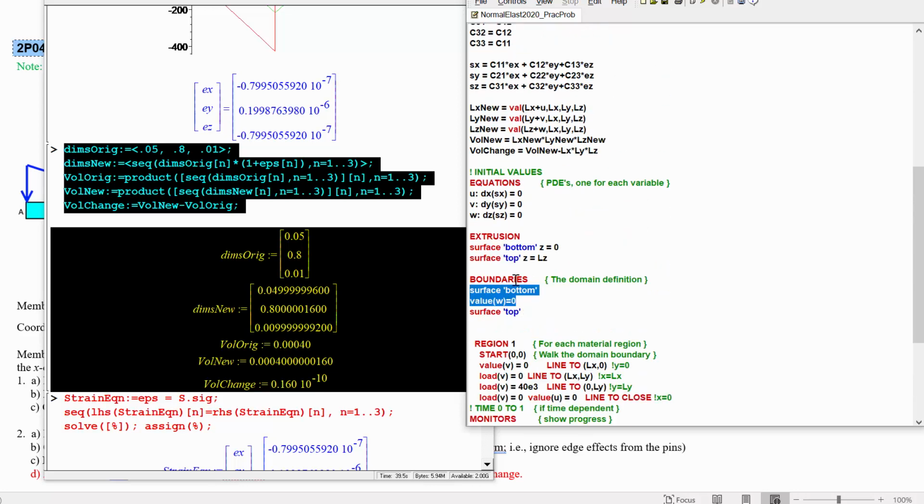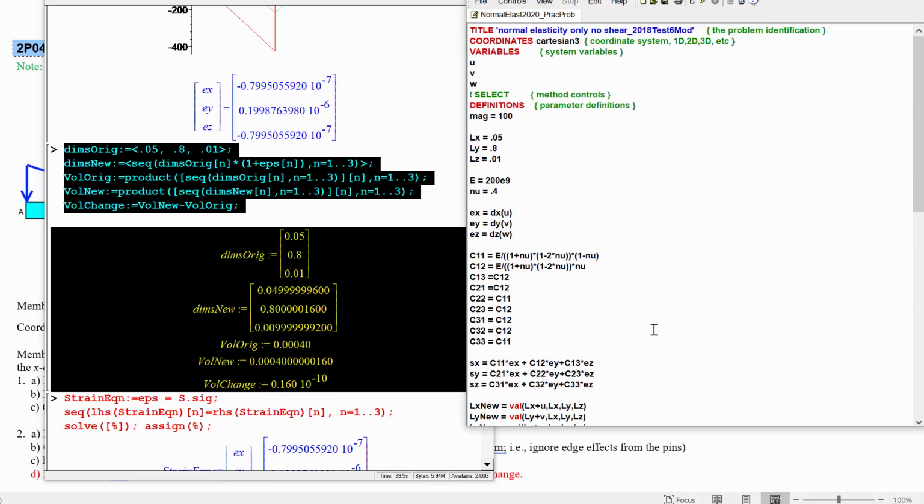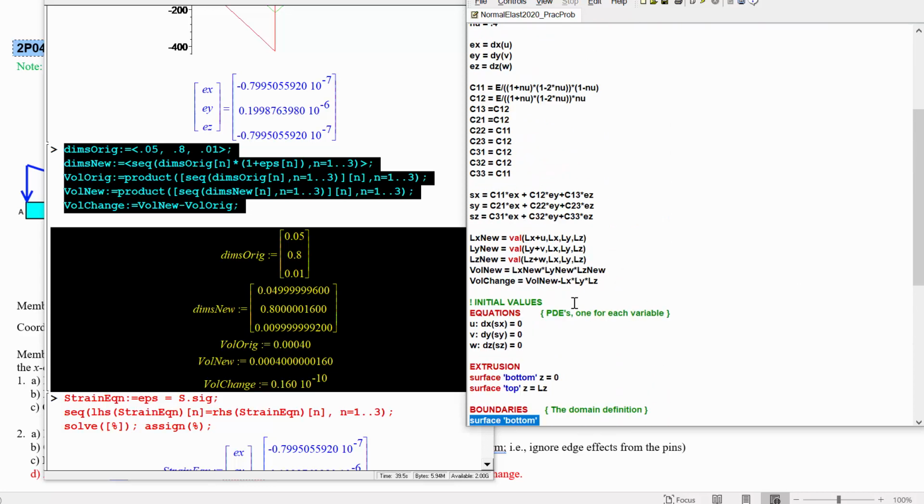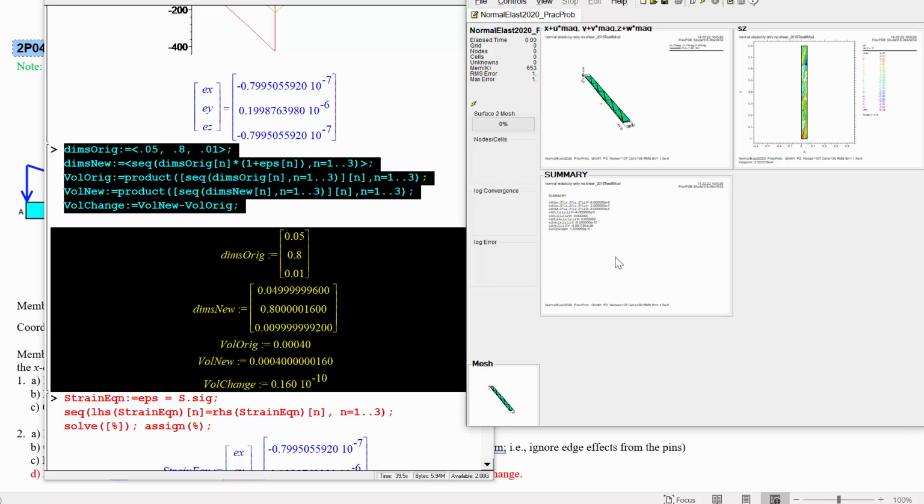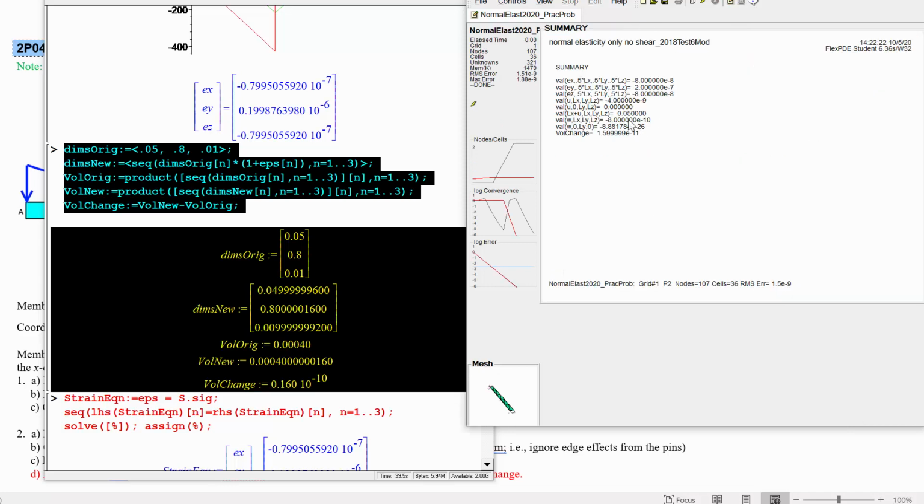Once we've done that, since that surface isn't moving in Z, the opposite surface at Z equals Lz, just by using the opposite corner, but we could have used any point on that surface. Let's just use maybe Ly over 2 and Lx times 0.2. This is just some other random point on that same surface. It shouldn't make a difference. And yeah, we've got exactly the same total volume change now.